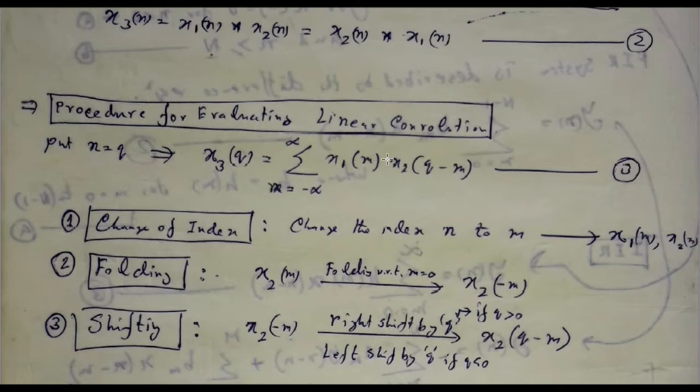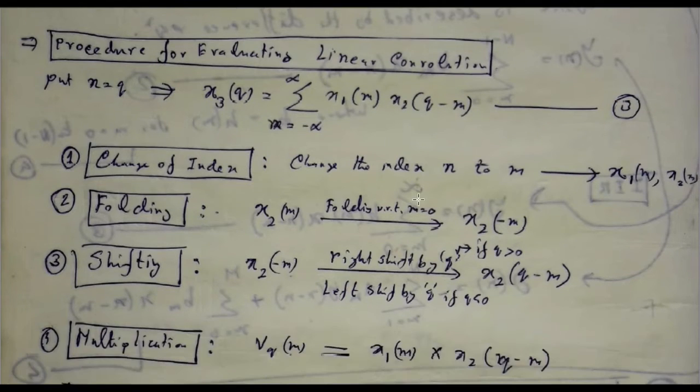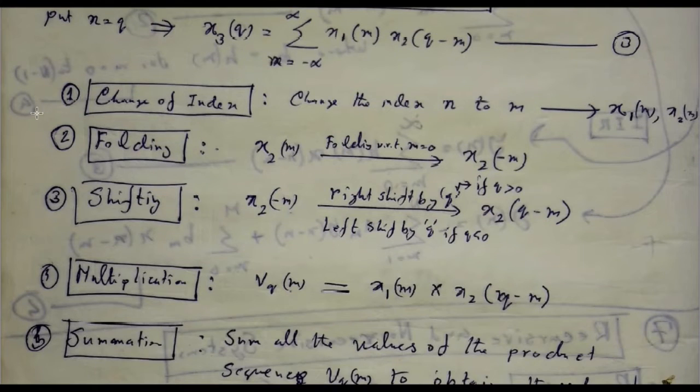Now the procedure of evaluating the linear convolution. First you put the time index equal to some other value, q, and in place of n you write q here as well as here.